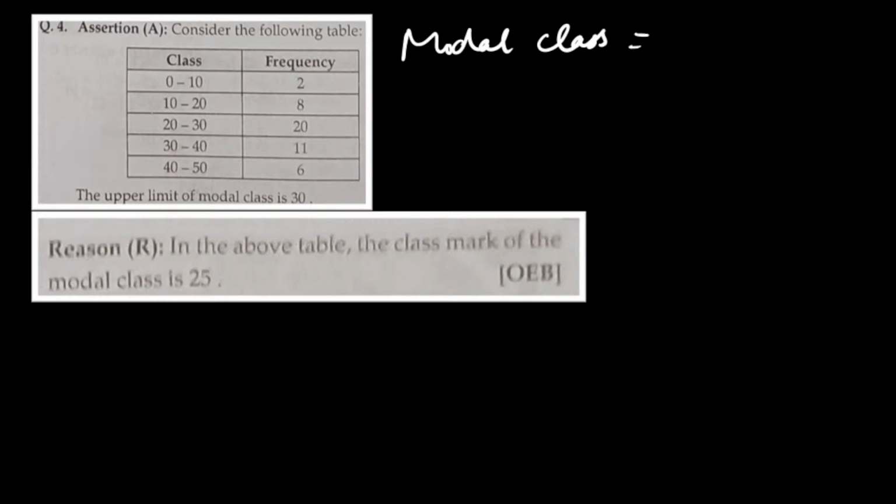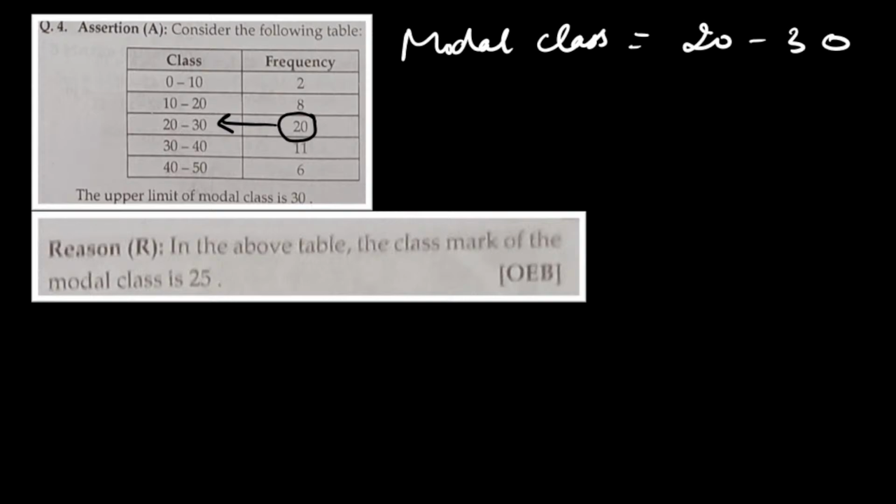So the table is in front of you. 20 to 30, as you people are answering, yes, 20 to 30, because you have to see the highest frequency. Highest frequency is 20, just in front of that. The class is 20 to 30. So 20 to 30 is the modal class.